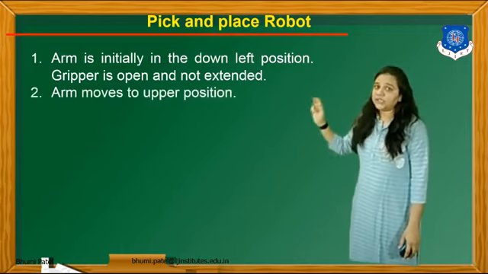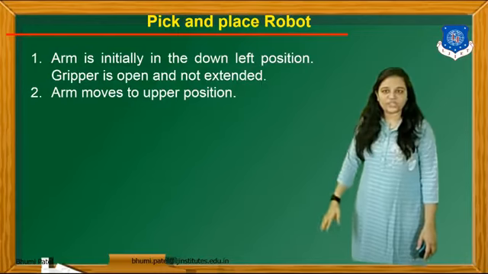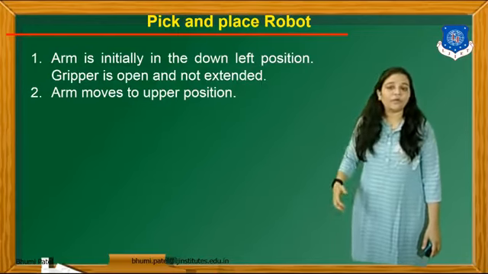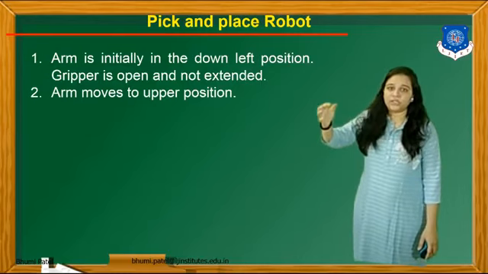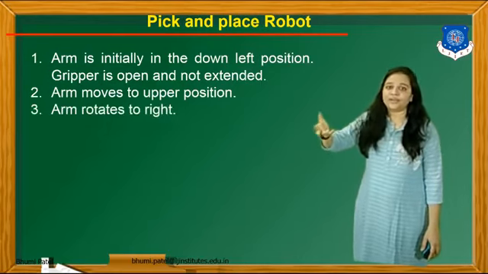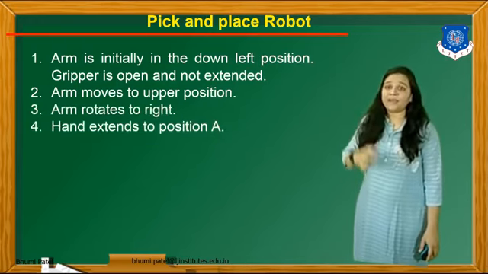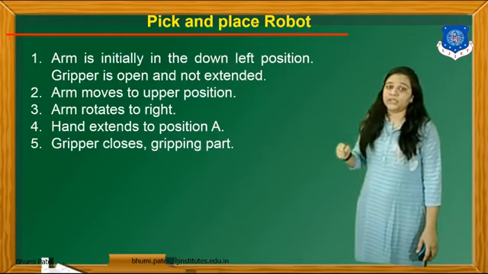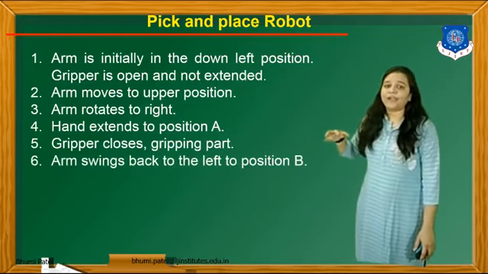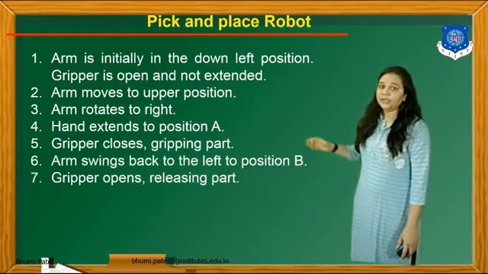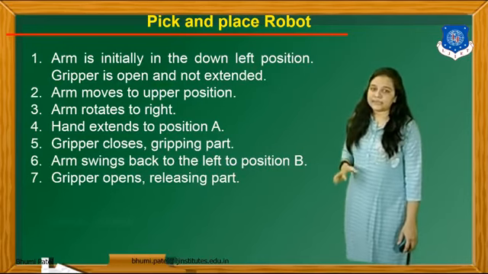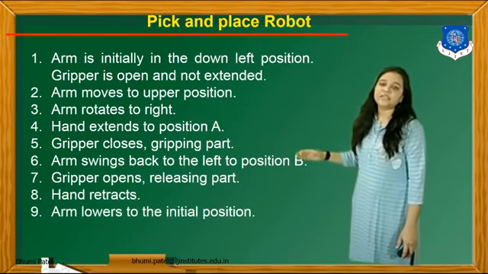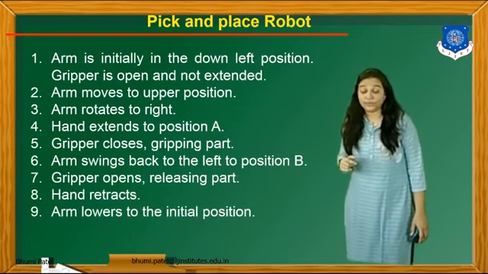The second step: the arm moves to the upper position, then the arm rotates to the right position, then the hand extends to position A, then the gripper closes, gripping the part. The arm swings back to the left, position B, then the gripper opens, releasing the part, and the hand retracts. And the ninth one is the arm lowers to the initial position.